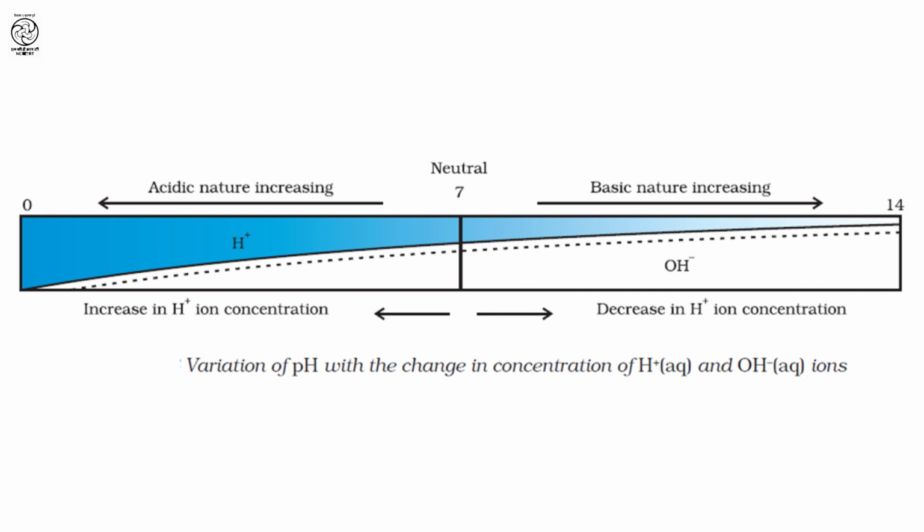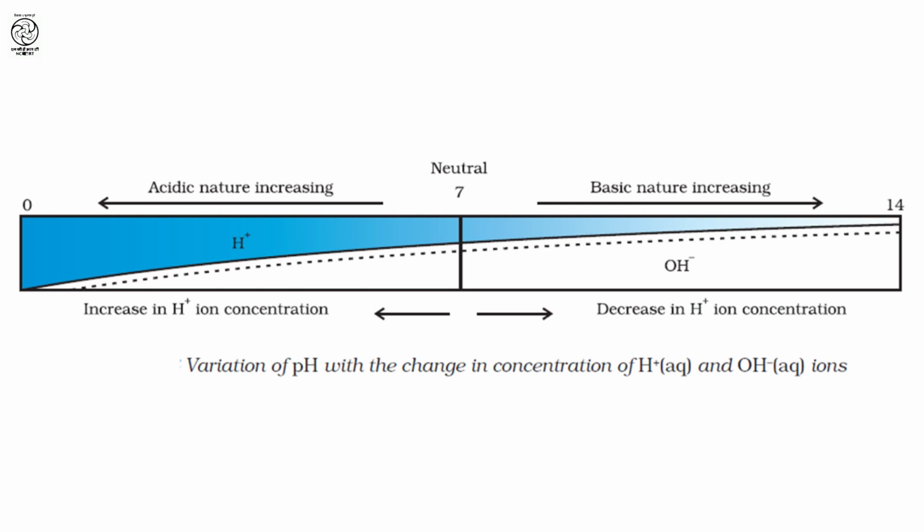That means if pH is decreasing, H positive ion concentration is increasing. That means the solution is becoming more acidic. Likewise, if H positive ion concentration is decreasing, naturally its pH will be increasing.